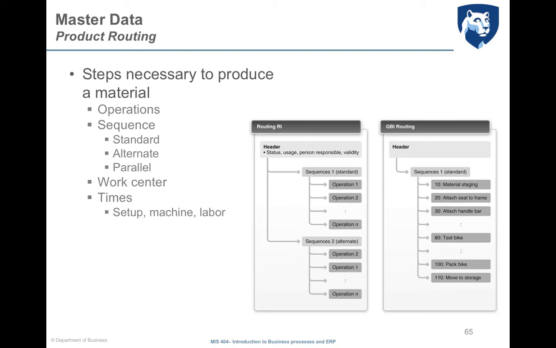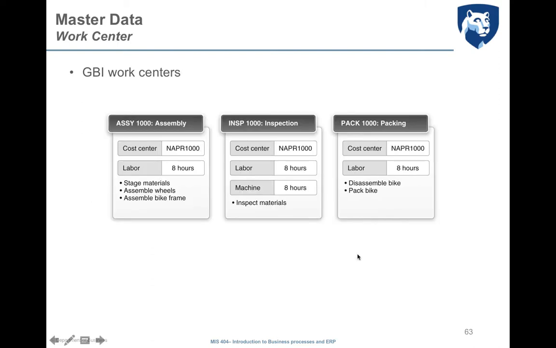items. In this case, the routing shows 2 sequences, each of which identifies the required operation and the order in which they are performed. In particular, we have sequence 1, which is the standard sequence that goes from operation 1 to operation n, and sequence 2, which is the alternate sequence for the product, which switches the first 2 operations.